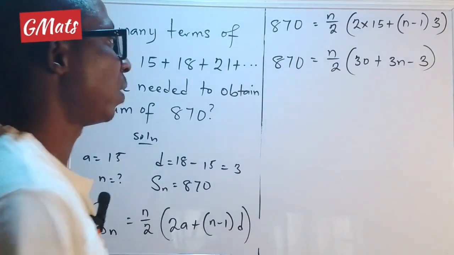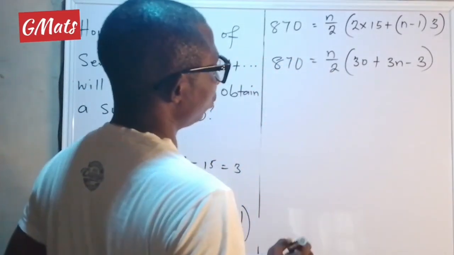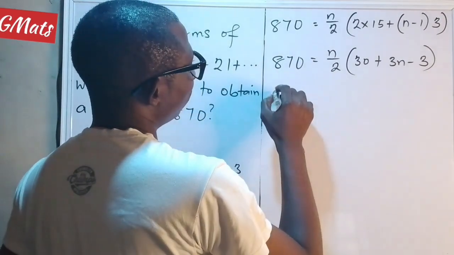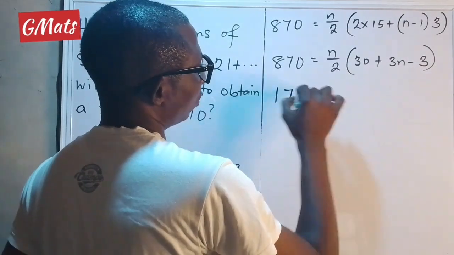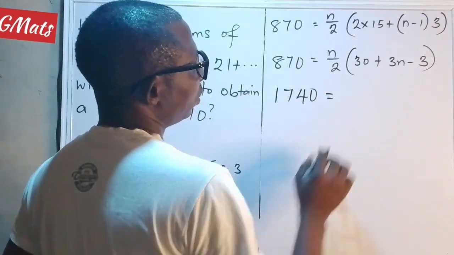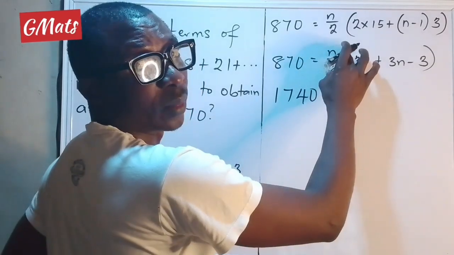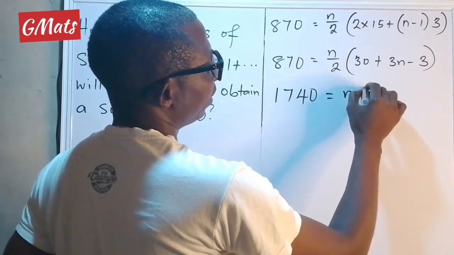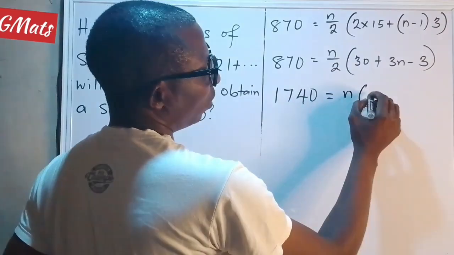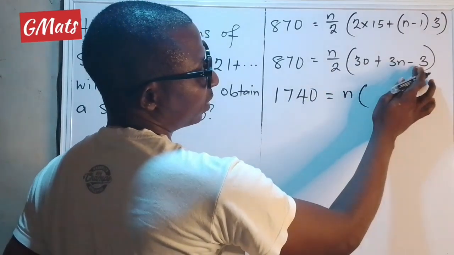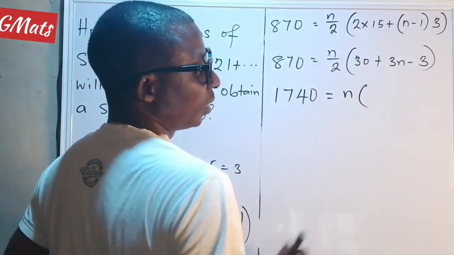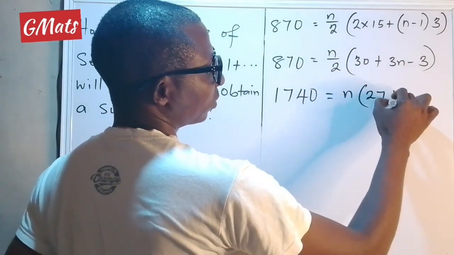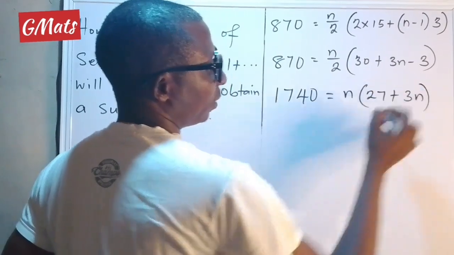So when you multiply this by 2, what do you have? You have 1740 equals, when you multiply this one by 2, n open bracket. Now you can subtract this 3 from 30. So 30 minus 3 gives you 27 plus 3n.